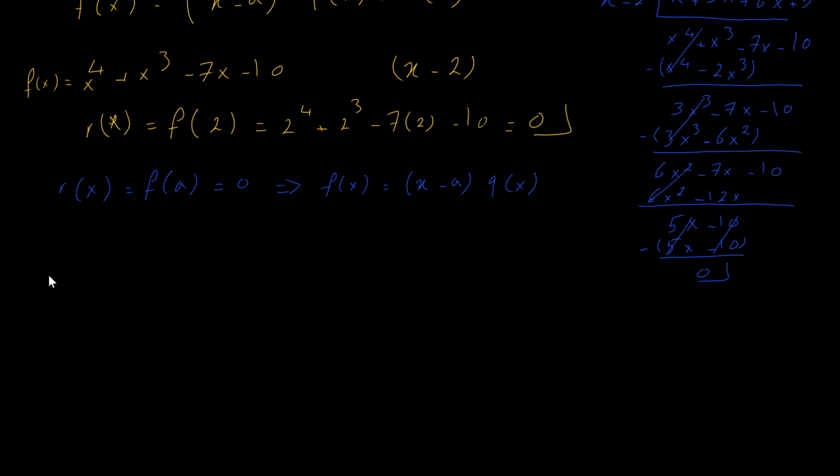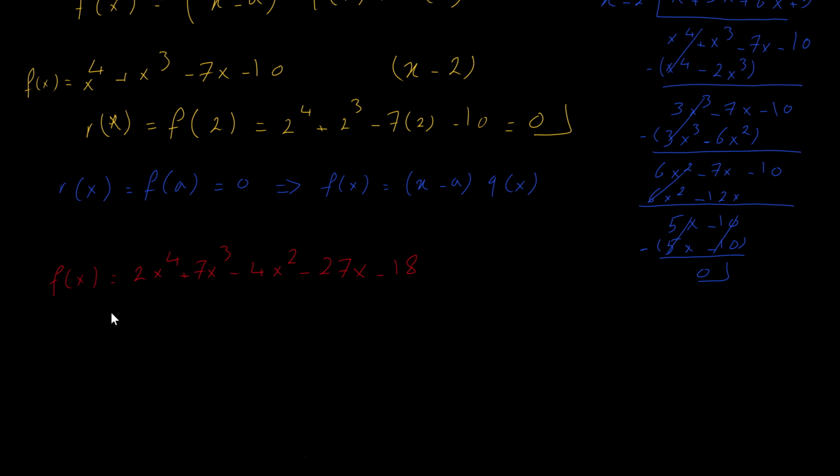Okay, now let's go ahead and do one example to see how it plays. So we are given a function f of x is equal to 2x to the fourth plus 7x to the third minus 4x to the second minus 27x minus 18.